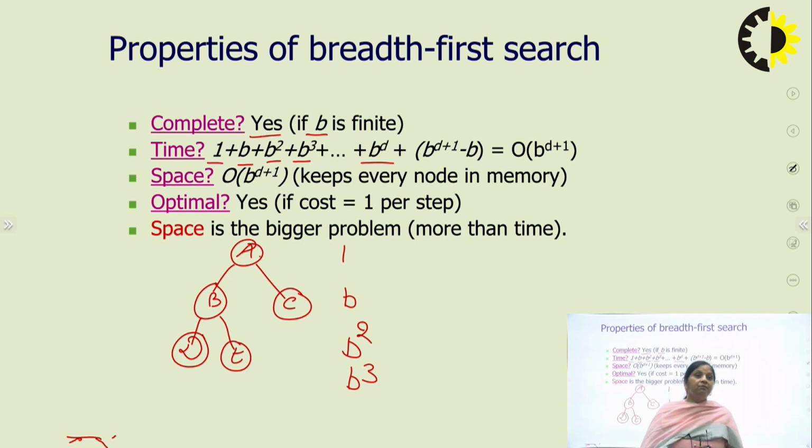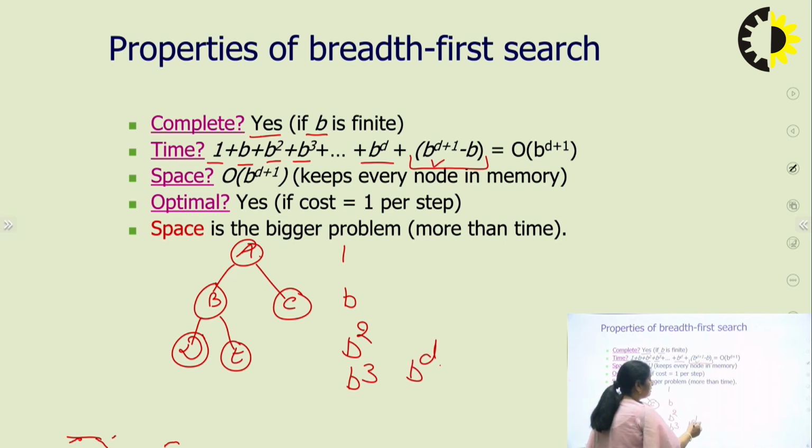Till which point will we work out? We will go till we get the goal, and the goal is at D. We said that the shallowest goal node is present at depth D. It means we will go on doing this till depth D. What else have we added to it? This is for the worst case. When we have the goal at D distance, D depth, then at D depth we are having B to the power D nodes.